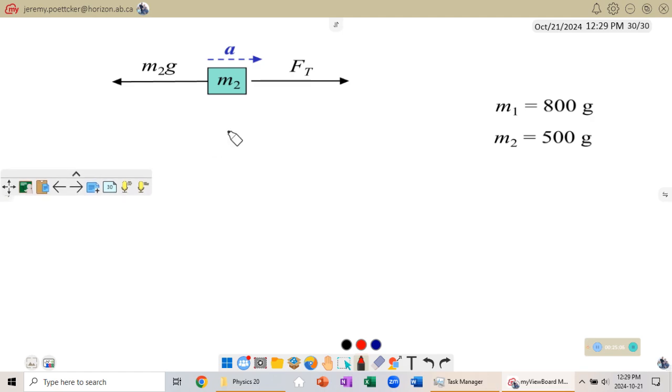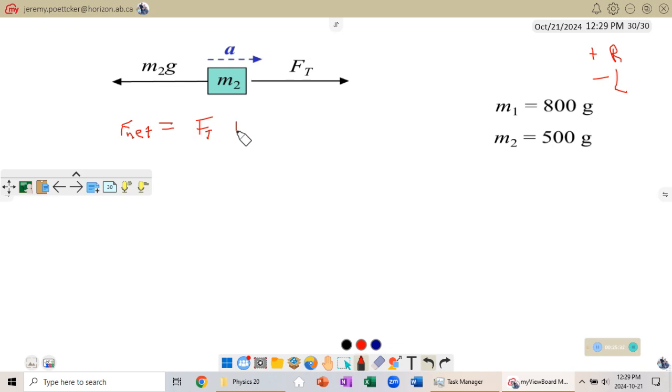So let's use M2G on M2. And away we go. F net is equal to Ft. We're still using the same reference system, by the way, that right is positive, left is negative.